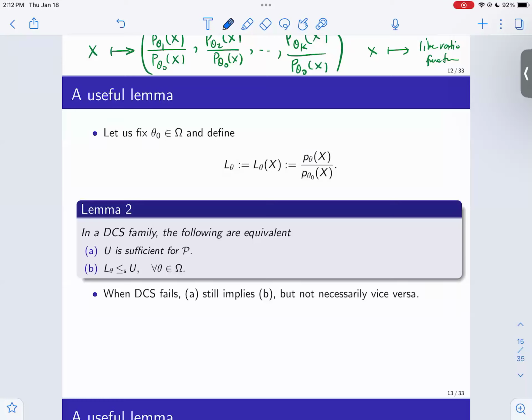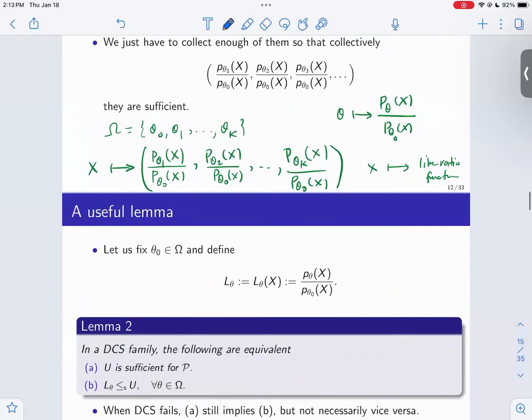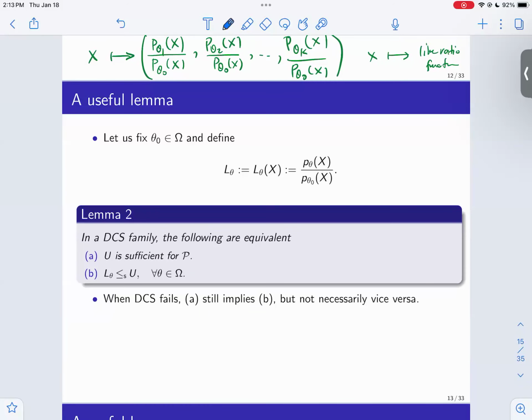U is sufficient for the family is equivalent to saying that L theta is a function of U for any theta. So that's basically what I mentioned here. So this is L theta.